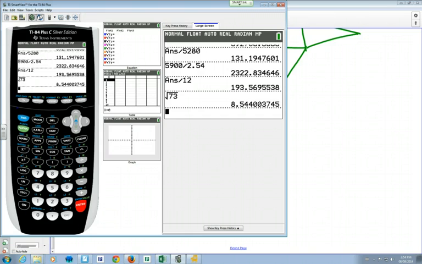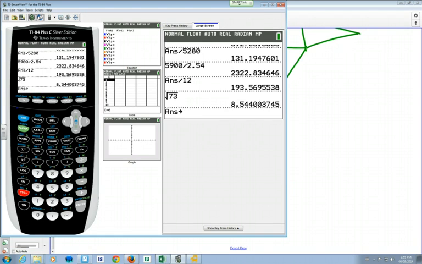Now, remember how we talked about not rounding things until the end? It's going to be kind of hard because we're going to do a bunch of calculations. We still need to find the other hypotenuse for that case. So one of the nice things about this calculator is that you have right above the on button a store button. See, it says sto. That's short for store. What I'm going to do right now is store this as X. Depending on which calculator you have, your alpha button might be a different color.